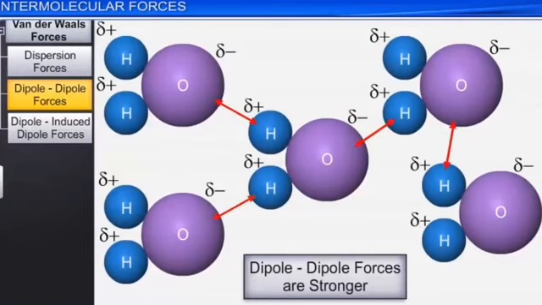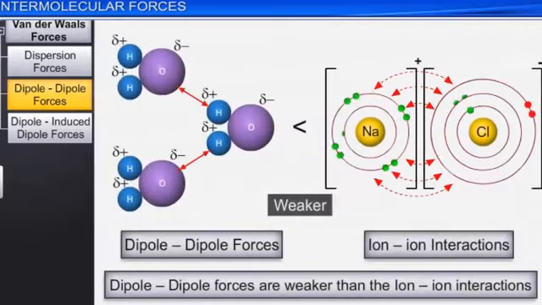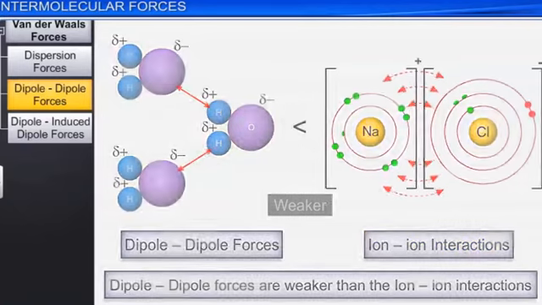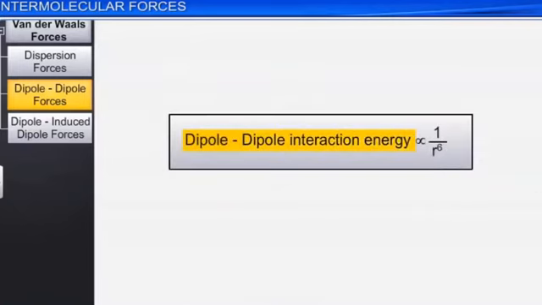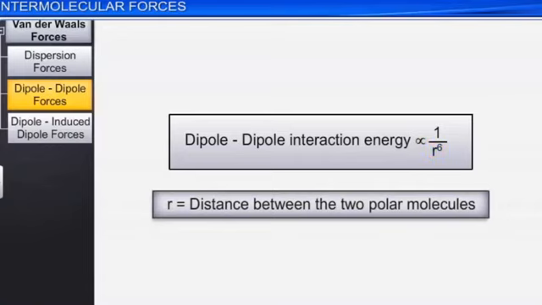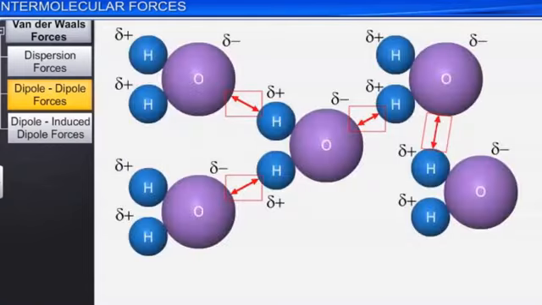Due to the involvement of only partial charges, they are weaker than the ion-ion interactions. The dipole-dipole interaction energy between the polar molecules is inversely proportional to the sixth power of the distance between the two polar molecules. Polar molecules can interact both by dipole-dipole forces and also by London forces of attraction.